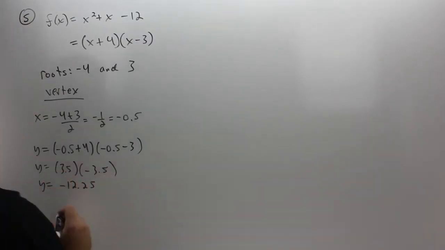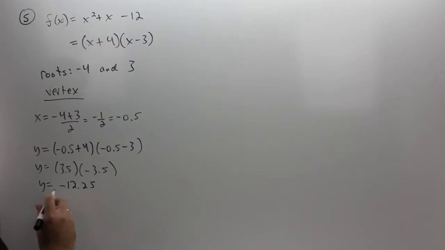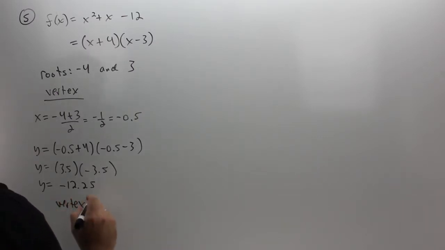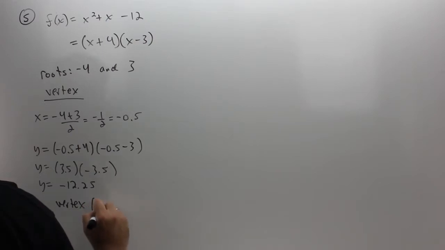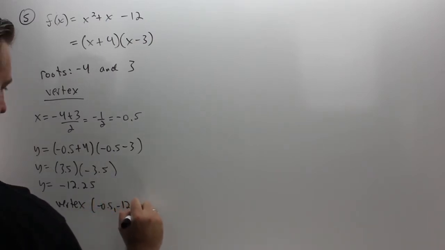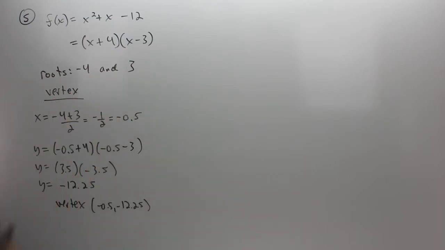So therefore you have 3 points to work with. Your vertex is negative 0.5, negative 12.25, and then you have negative 4 and 3.